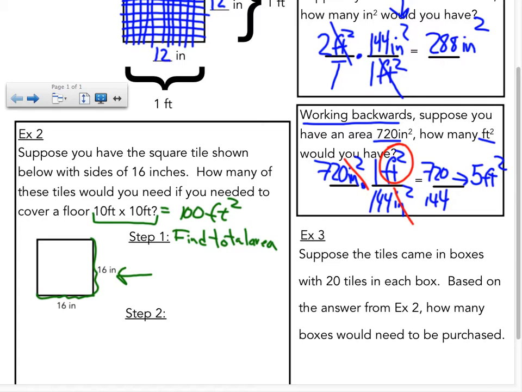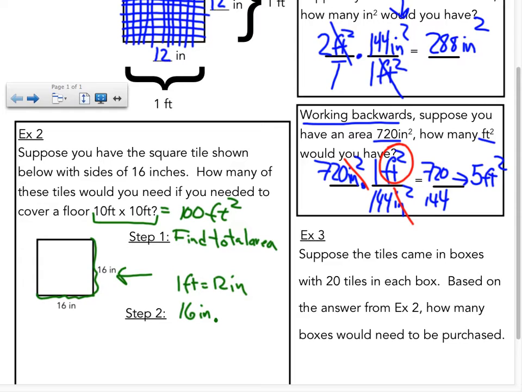So in 16 inches, I got to figure out how many feet that is. Well, 1 foot is equal to 12 inches. So how many feet are in 16 inches? Well, let's think about that.